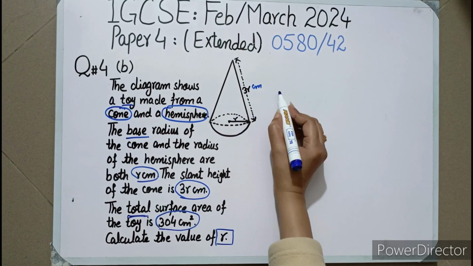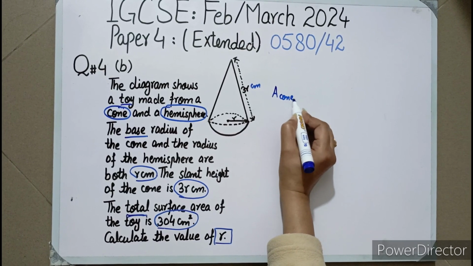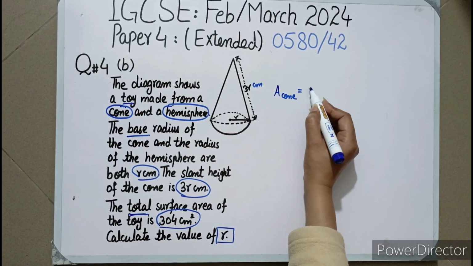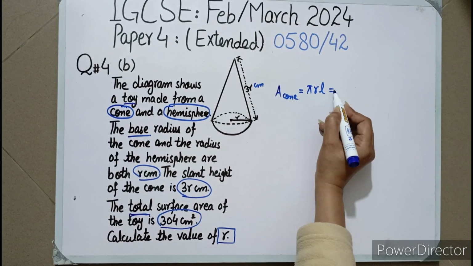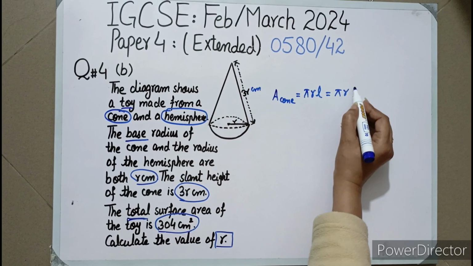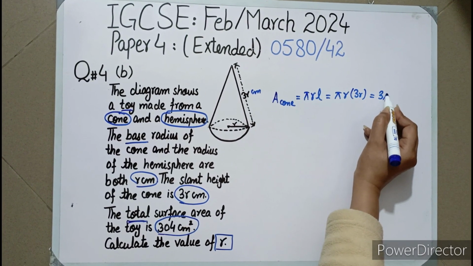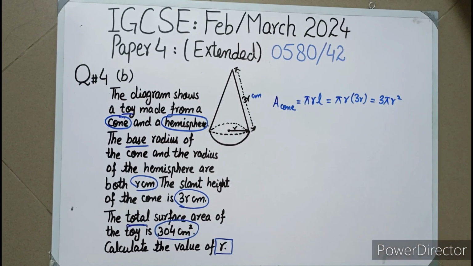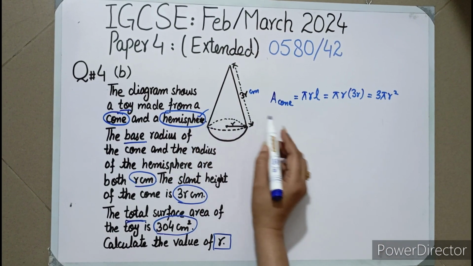The area of the cone is basically pi r L. Pi, this is r, and the L is 3r, so here I get 3 pi r square. Now I have to find out the area of hemisphere.